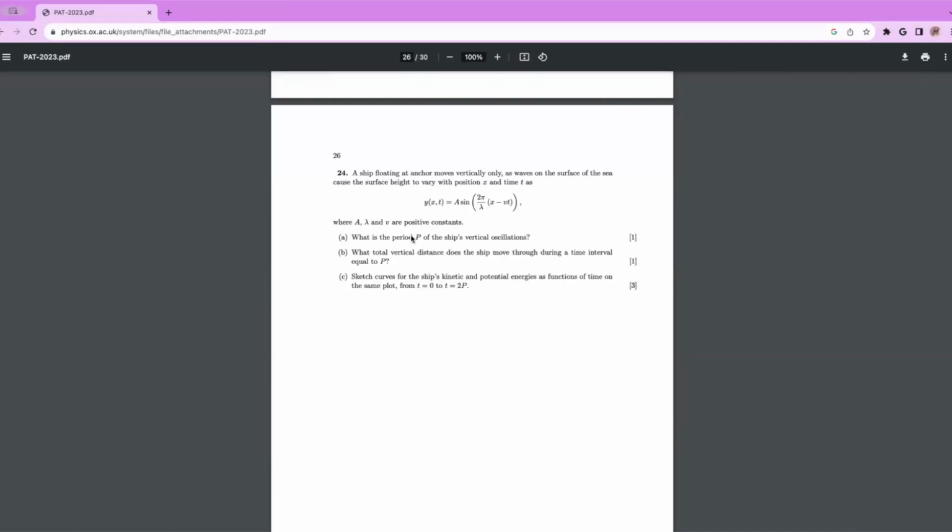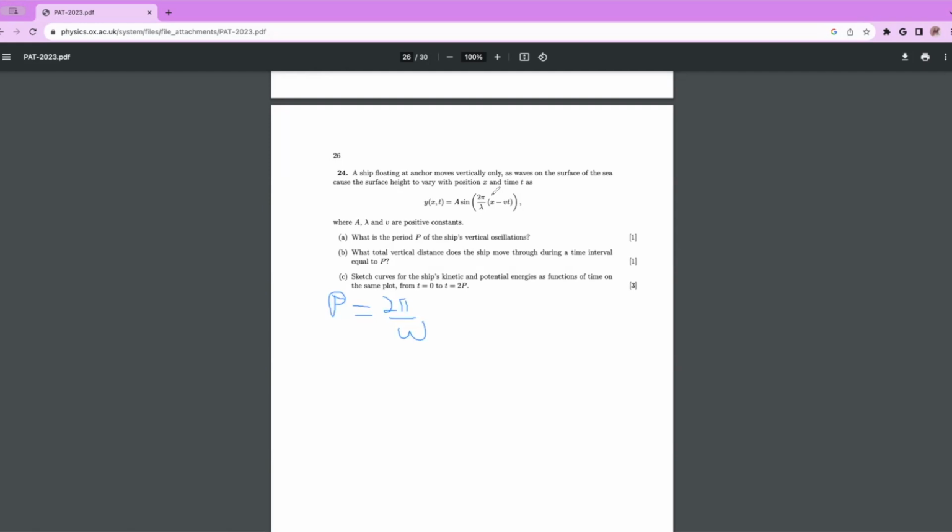What is the period P? That's a bad letter, but P is going to be 2 pi over omega. And I think the phase shift is all the constant terms. But this is a function of two variables. Hmm. Okay.